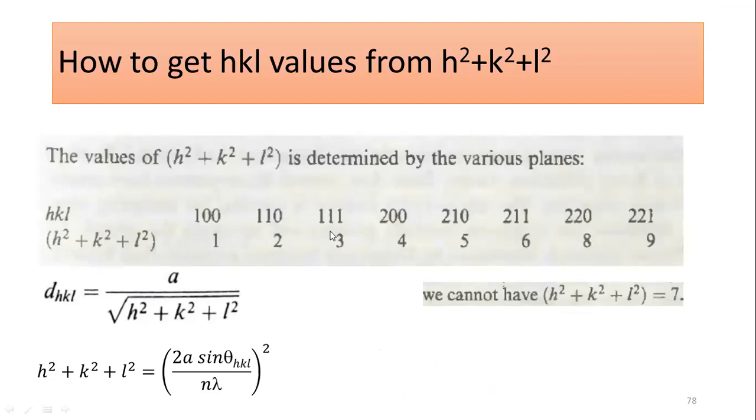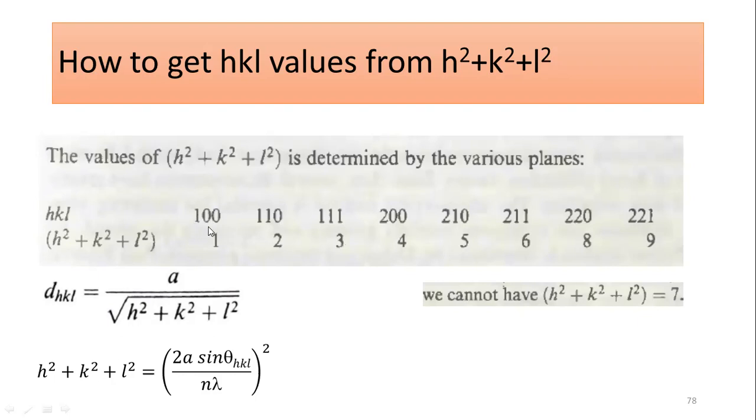So we have discussed the example: if the sum of the squares of the hkl values is 3, then your hkl plane is 111. In a similar way, if you get the value of 1, then the possible plane is 1 0 0, or 0 1 0, or 0 0 1.